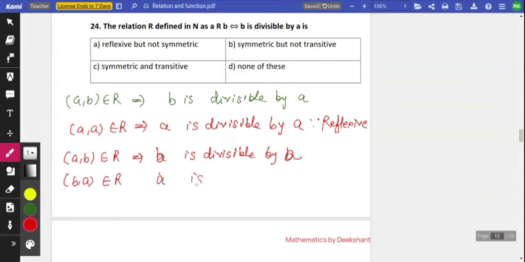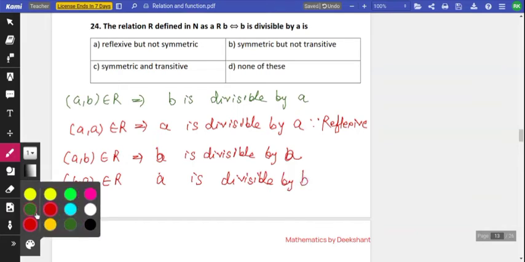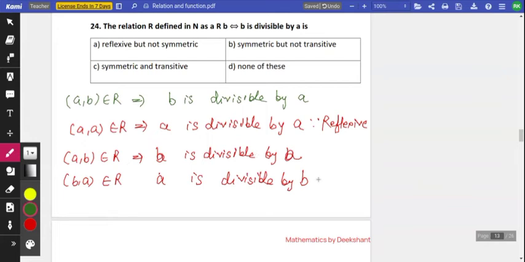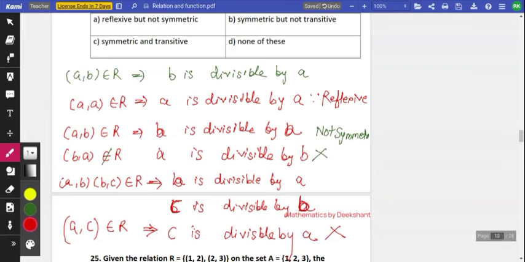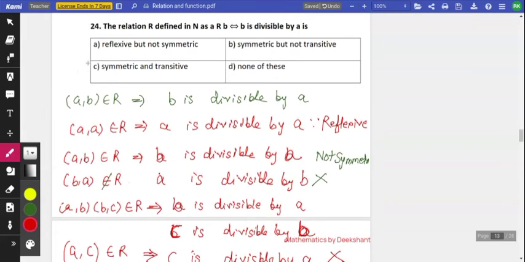It means a is divisible by b. This is wrong because if b is divisible by a, then a is not divisible by b. So b comma a does not belong to relation R, and the given relation is not symmetric. So the correct answer is reflexive but not symmetric.